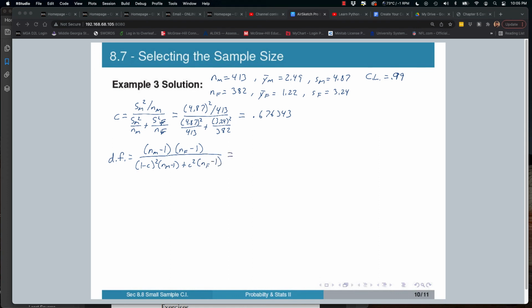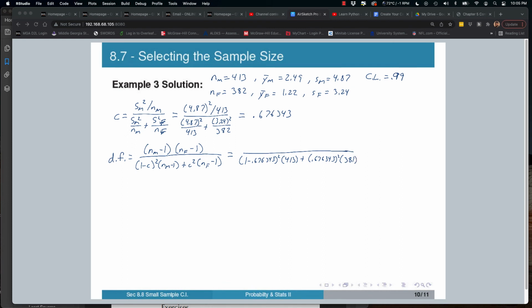All right, so I'm going to get into this long-winded thing here, and so we get 1 minus 0.676343 squared times n minus 1, so n sub m minus 1, which is 413, plus 0.676343 squared times the degrees of freedom for the women's or the female group, which is going to be 381.